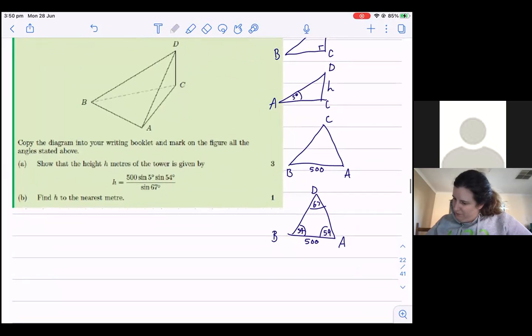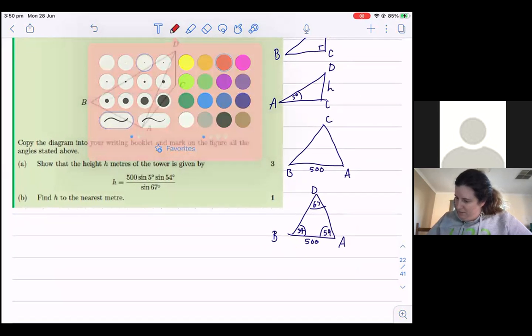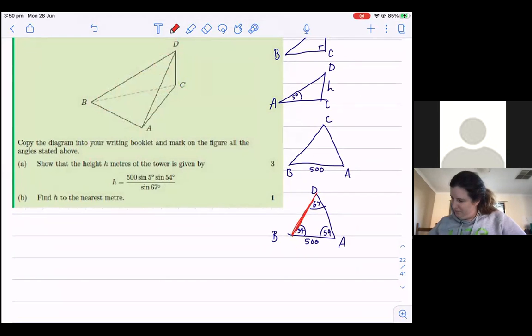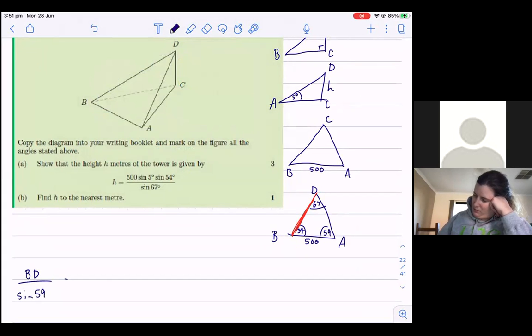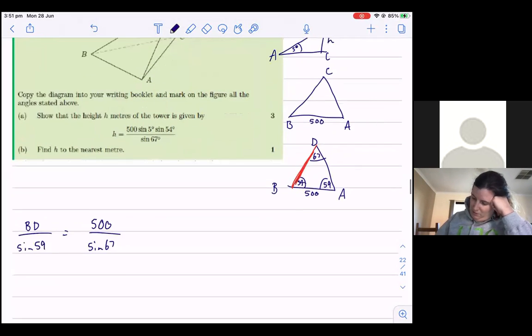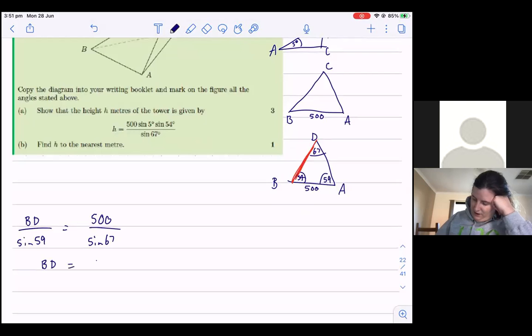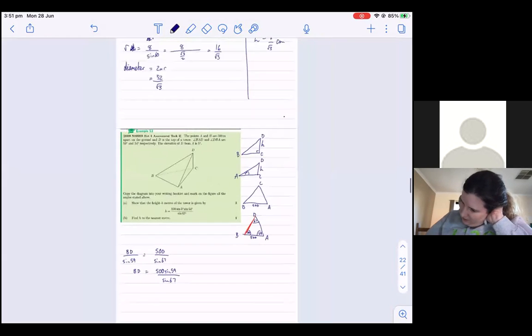Let's start off by finding length BD. We're going to have to use the sine rule. So BD on sine 59 equals 500 on sine 67. So we know BD is 500 sine 59 on sine 67.